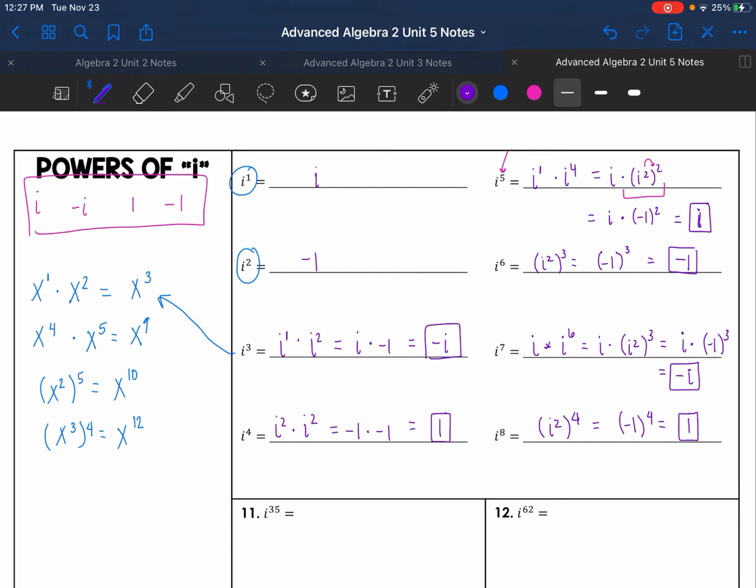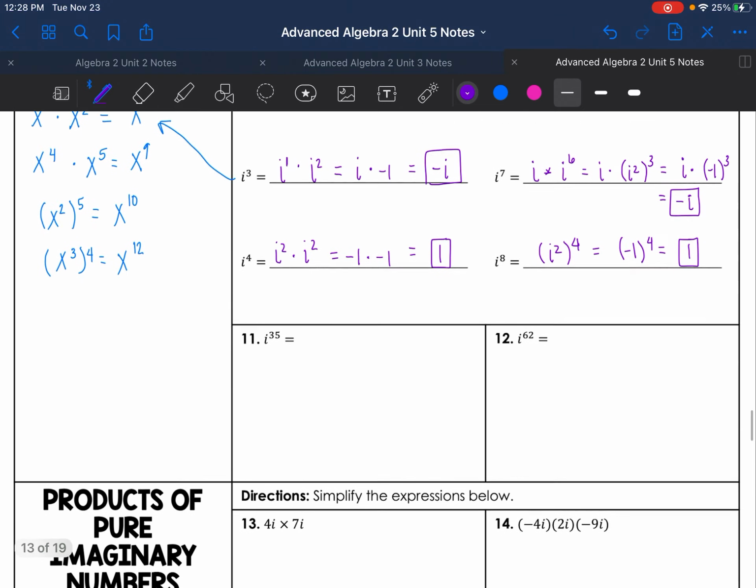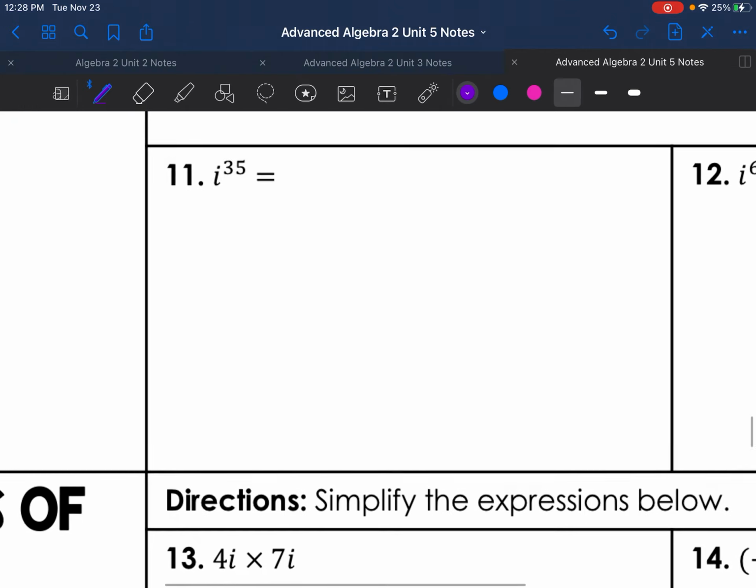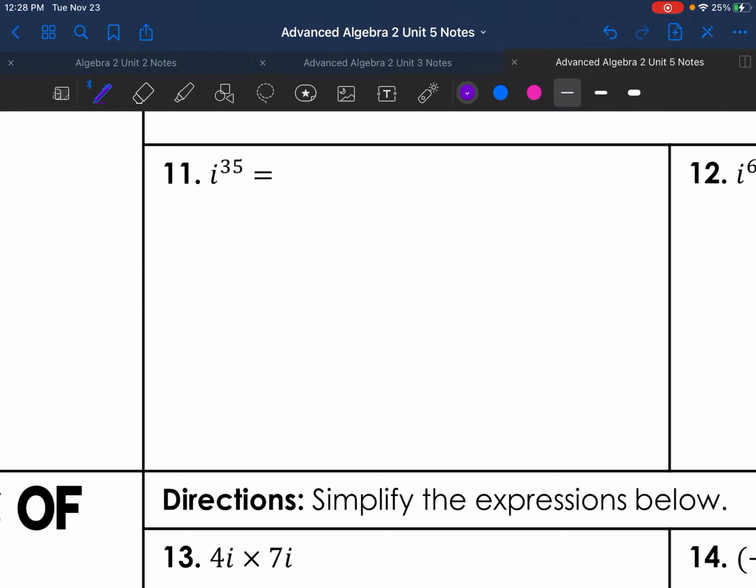If I were to keep going, i to the 9th, to the 10th, to the 11th, to the 12th, this pattern would continue: i, -1, -i, 1. That pattern goes on. But you're going to get some big exponents, and you're not going to want to write out that pattern. So if you just remember how to solve them, you can do it with any exponent.